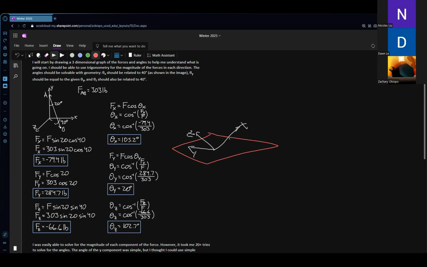We're trying to find the angle between our axes and the plane that AB lies on. Or you could say the line, same thing.